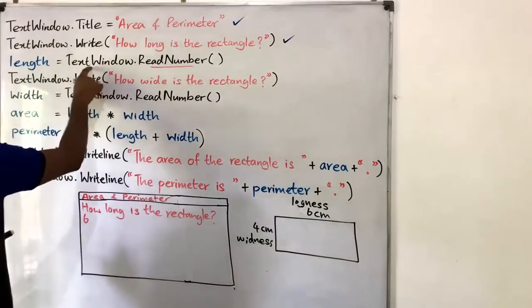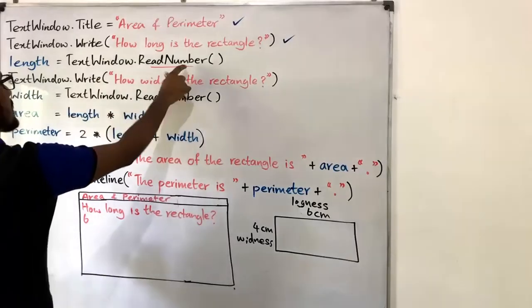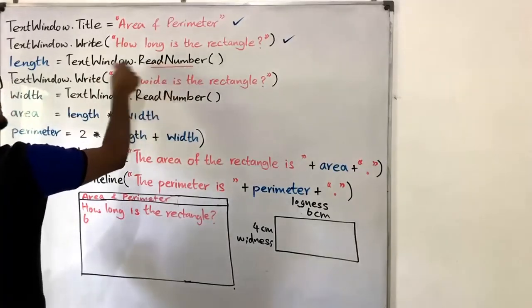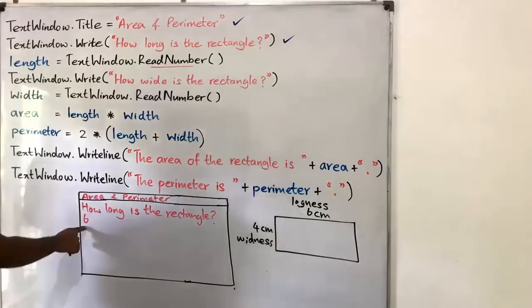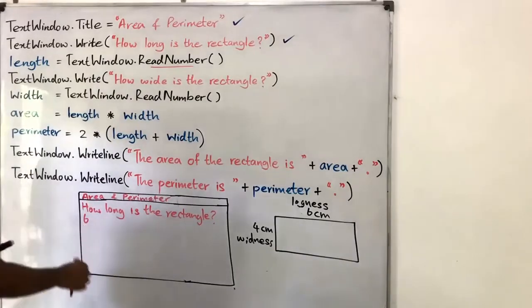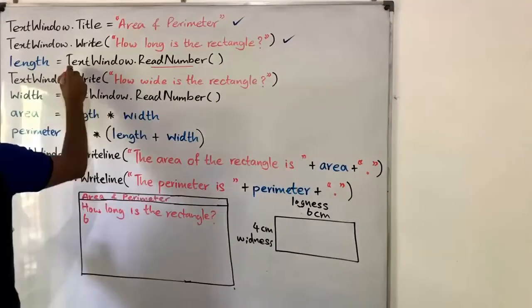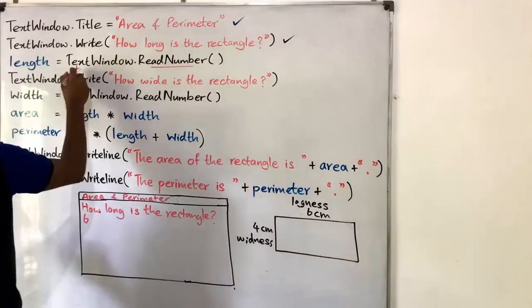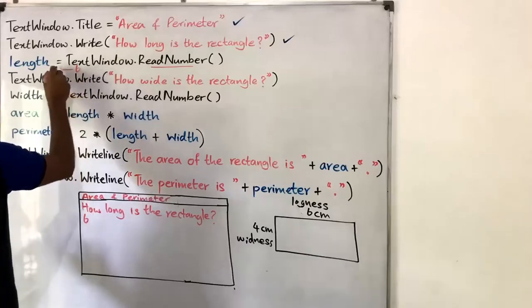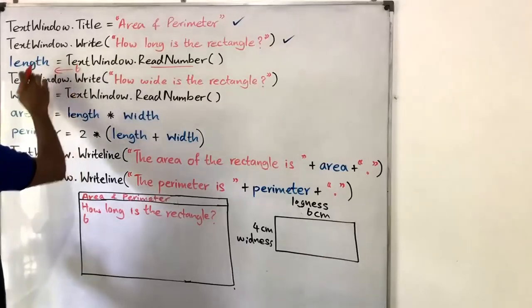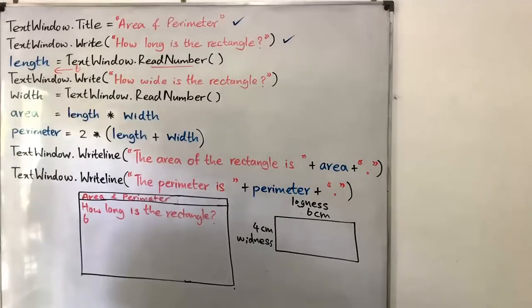Text window read number means read the number in the text window. That number is 6, so it will read the value 6, and that 6 will be stored in the variable length.